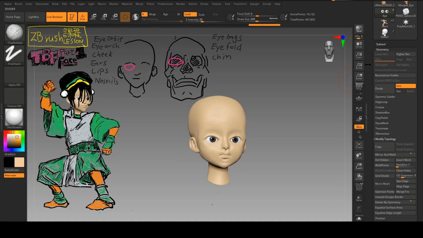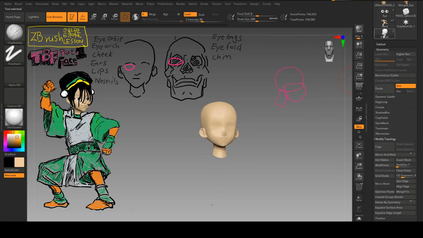Usually, some people recommend starting with a sphere and some of these shapes and the neck. But looking at that, this animation default model is very similar to the character.